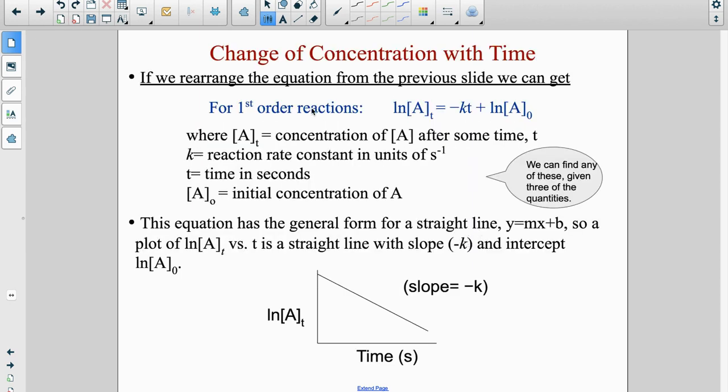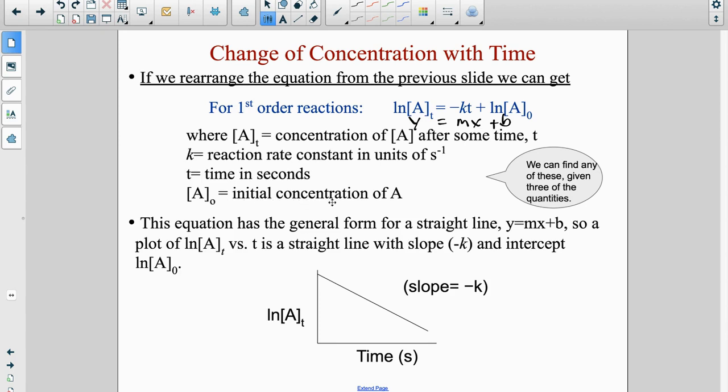If we rearrange that equation, the first order rate law can be written in this form, which is the form of a straight line, y equals mx plus b. Again, A sub t is the concentration of A after some time t. k is the rate constant. t is time in seconds.